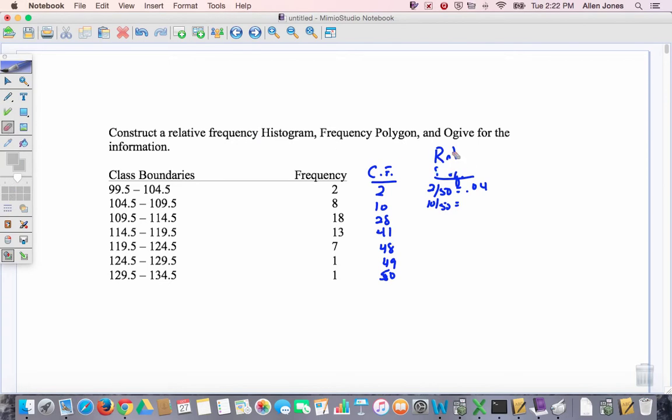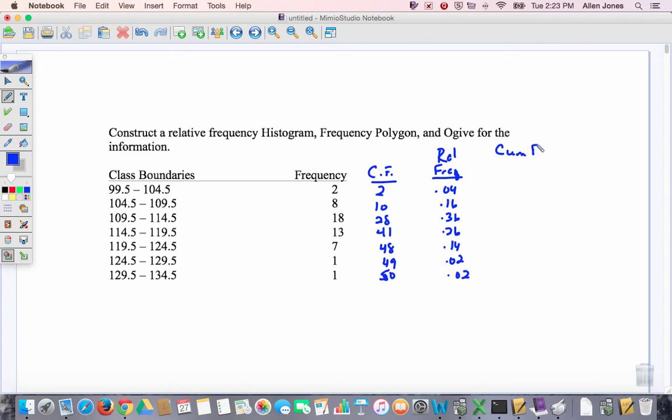My relative frequencies, I don't want my running total just yet, I just want my regular relative frequencies. So when I put that column on here, I'm going to take the 2 divided by 50 to get 0.04, the 8 divided by 50 to get 0.16, 18 divided by 50 to get 0.36, 13 divided by 50 to get 0.26, and so on.